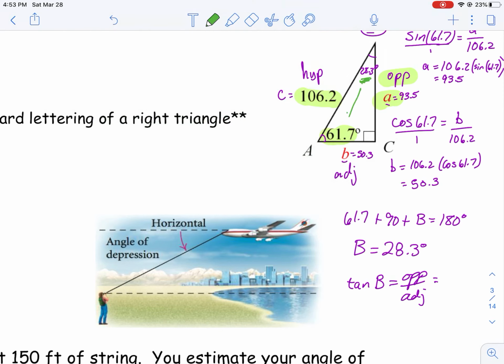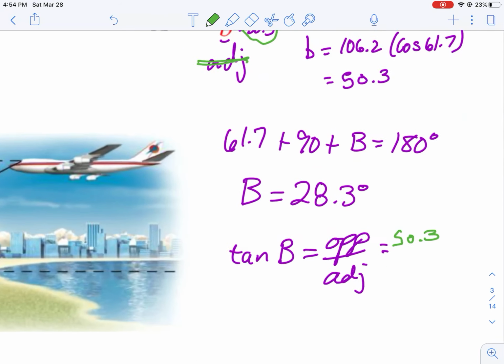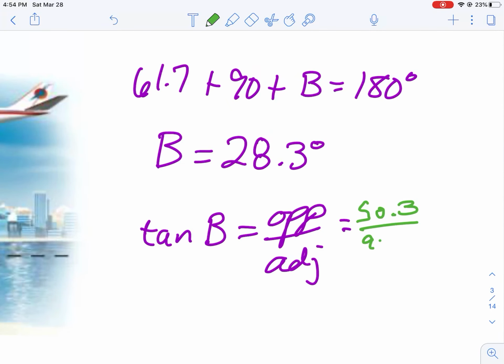The opposite side is going to be 50.3. The adjacent side then is 93.5, which is different from these labels, but these labels were for the 61.7 angle. So I'm going to divide that by 93.5.